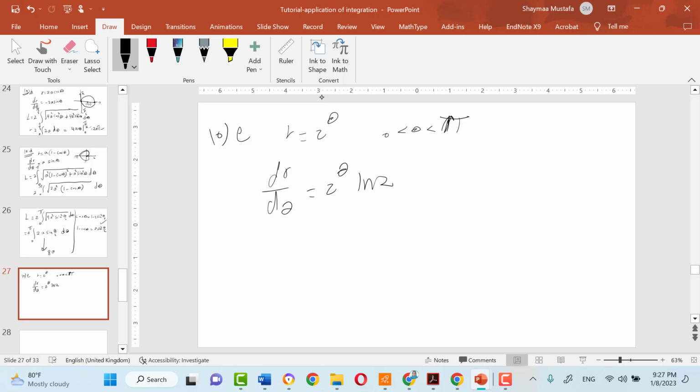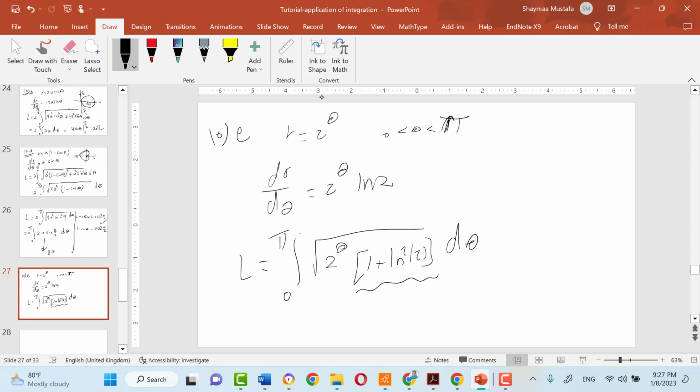So after you apply the rule, you will get that the length is from 0 to pi, square root of 2 to the theta times 1 plus ln square 2, d theta. Okay, so this is a constant, this one 1 plus ln square 2 is a constant under the square root. So you have the integration from 0 to pi of 2 to the theta d theta.